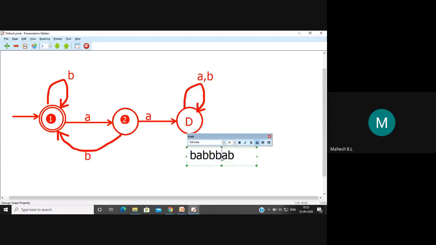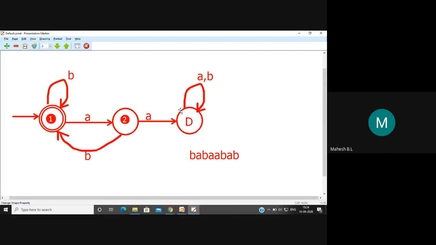Now, this string doesn't belong to the language because here there is an A which is immediately followed by another A. That's why this has to be rejected. Let's see. First B self loop, then A, B, A, which is followed by another A. You go to the dead state.